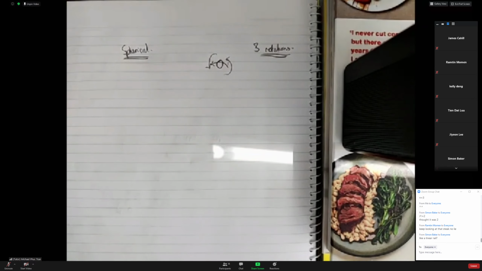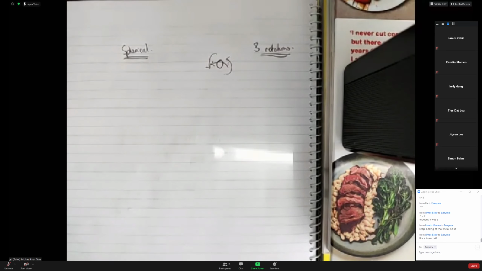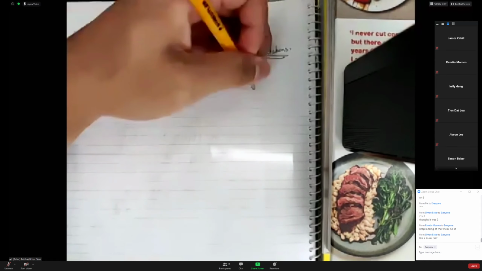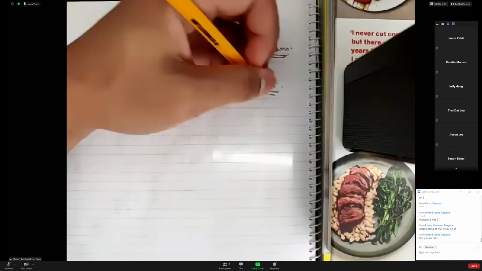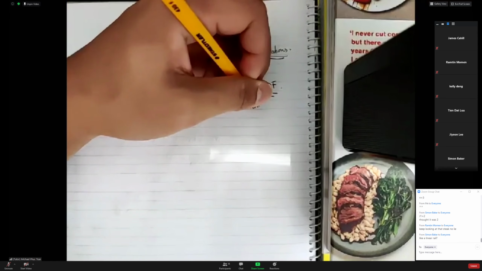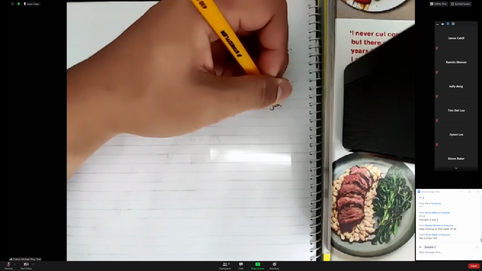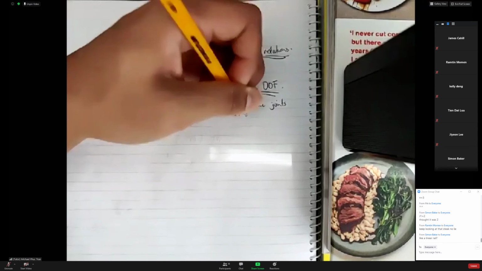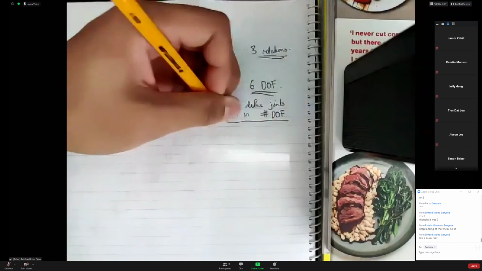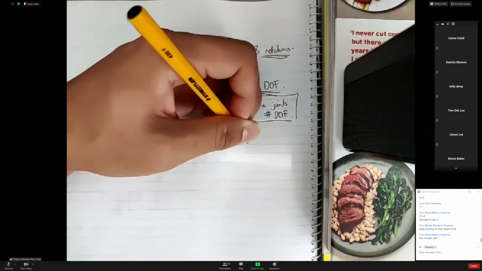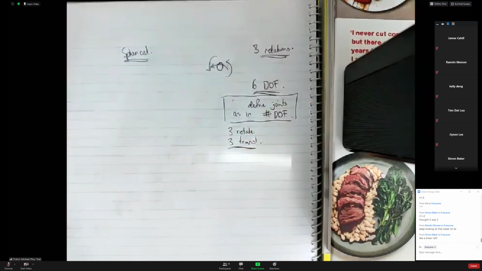Once you encounter a problem, you just have to define in which degrees of freedom it's free to move in. Define joints as in. Cool.